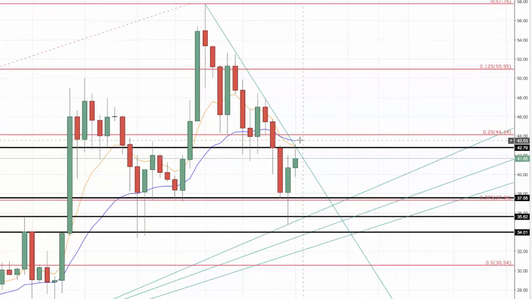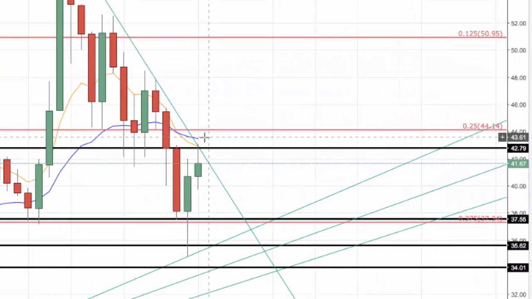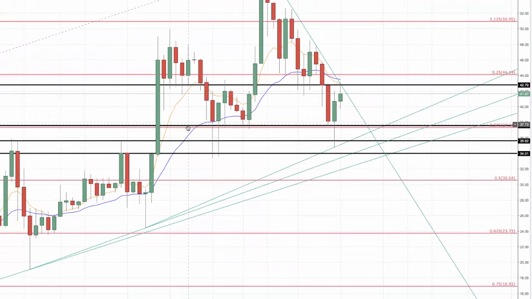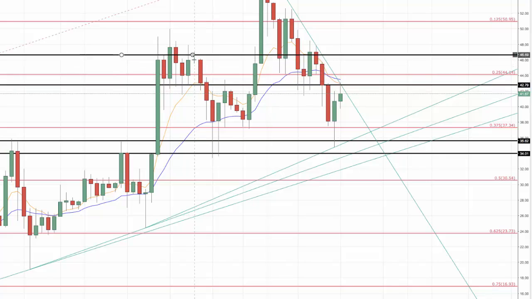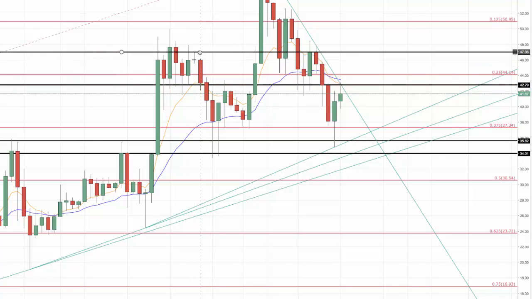If you got above here, really about this 43.60 area on a closing basis, we are into a clear path, and that clear path could then target a potential move to right around the $47 mark. So we will be watching for that, because then the rotation zone would be out of the way.